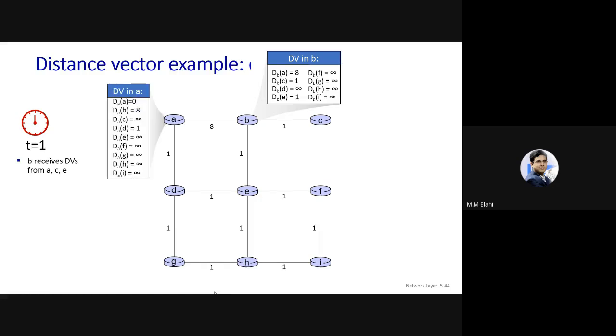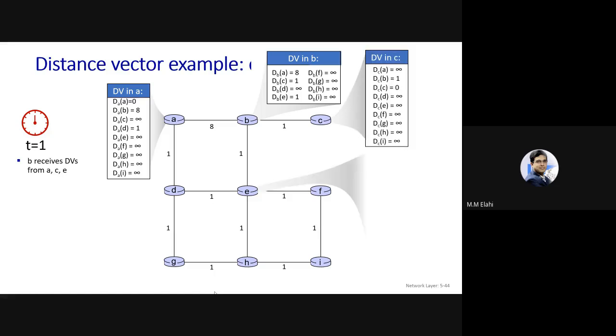First of all, since B's neighbors are A, E, and C, we have to see A's distance vector, C's distance vector, and E's distance vector. So we can write down. I will do a hands-on right now. Please write down this scenario in your khata.